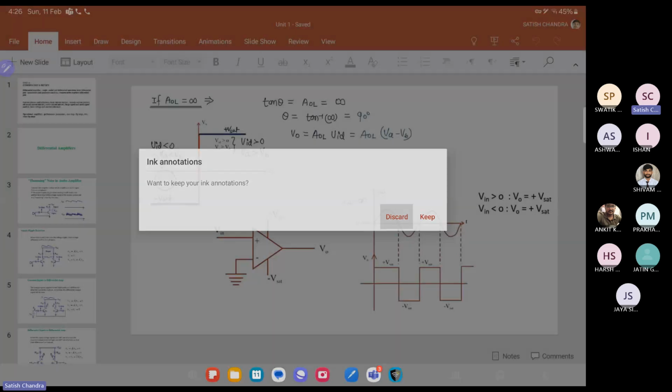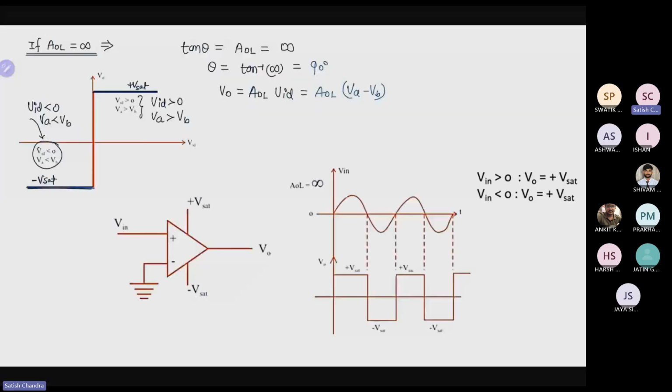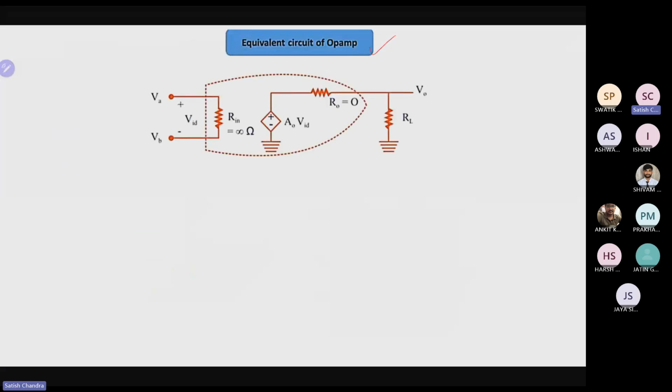Now check the equivalent circuit of the operational amplifier. For the ideal case, input impedance is very high, that is infinite, and output impedance is very low, that is zero. The differential input is going to give an output with the open loop gain.